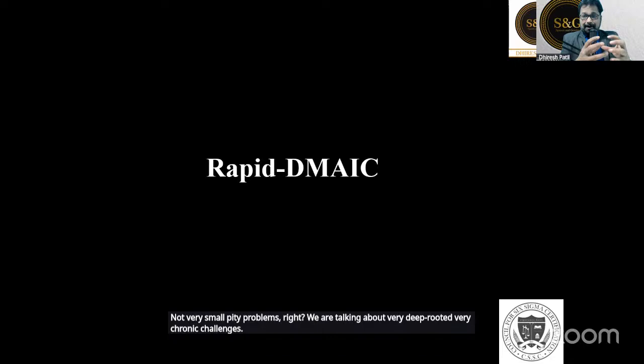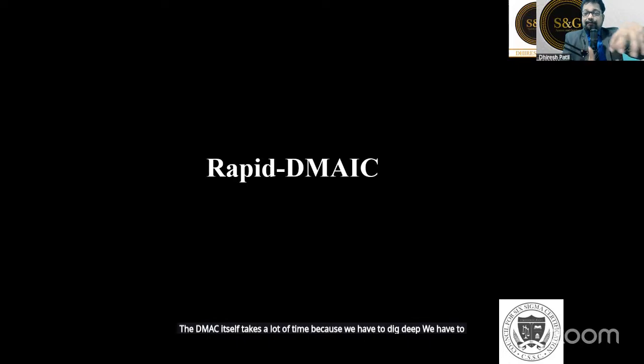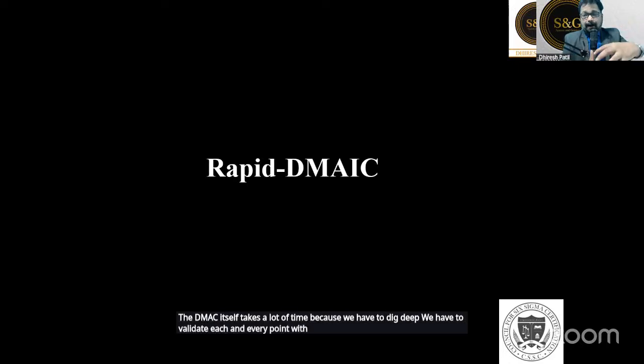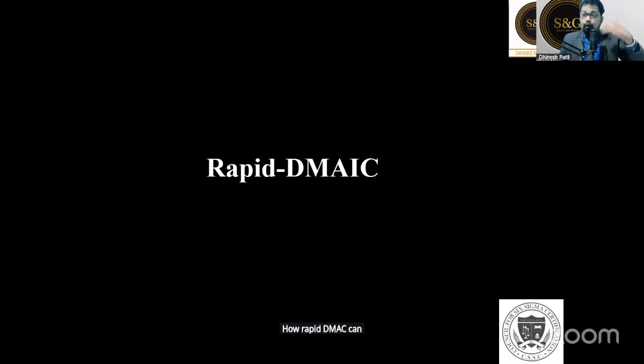If the disease is chronic, obviously the treatment also will be that deep. Similarly, DMAIC takes a lot of time because we have to dig deep and validate each and every point with very solid data. So now let's break down how rapid DMAIC can work and how we can overcome that time duration in a very effective manner.